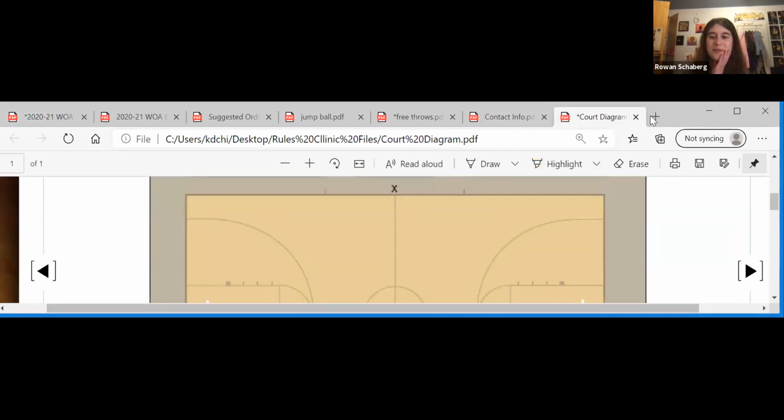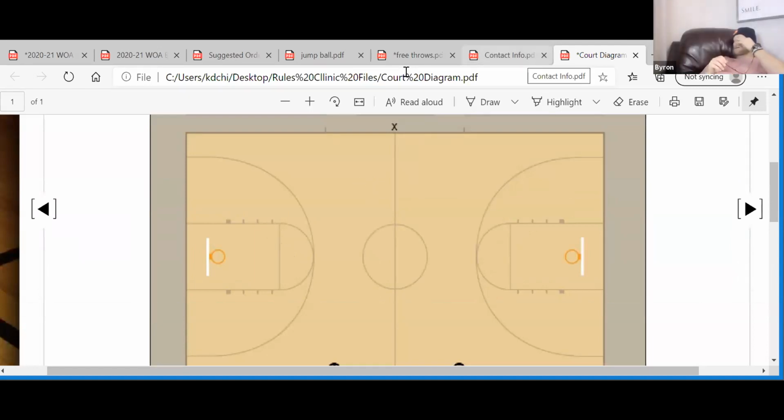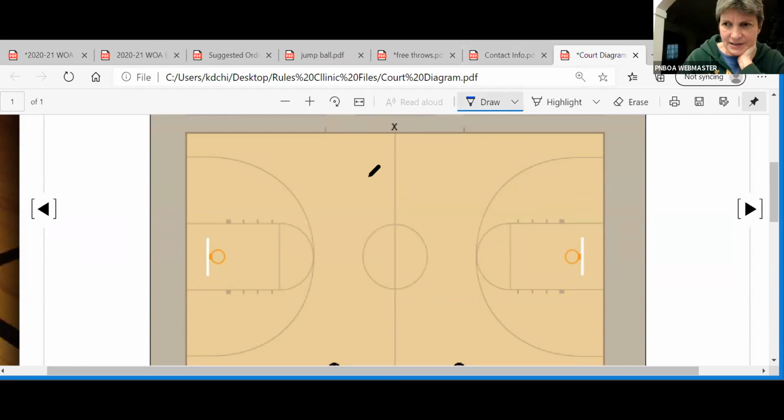Sorry, let me look at it online. So is it a backcourt violation? Before you worry about where the ball's coming in, is it a backcourt violation?